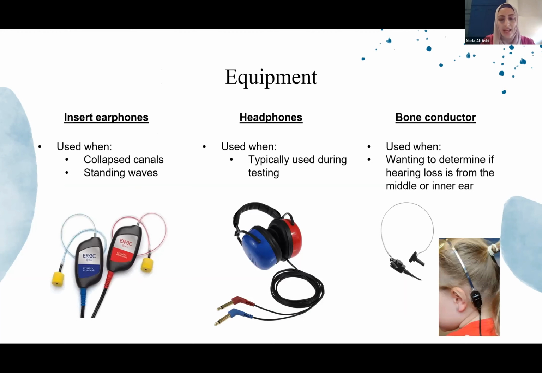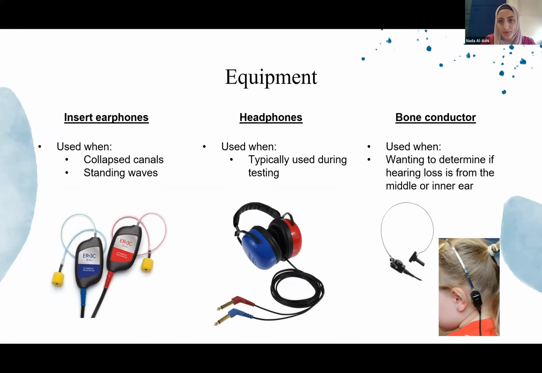All right, and in terms of the equipment we use when testing someone's hearing, typically headphones are used, which is the one in the middle. Red is for the right ear, blue is for the left ear. That's the same for the insert earphones, on the left of the screen there, and they're typically used when we're dealing with collapsed canals or standing waves.